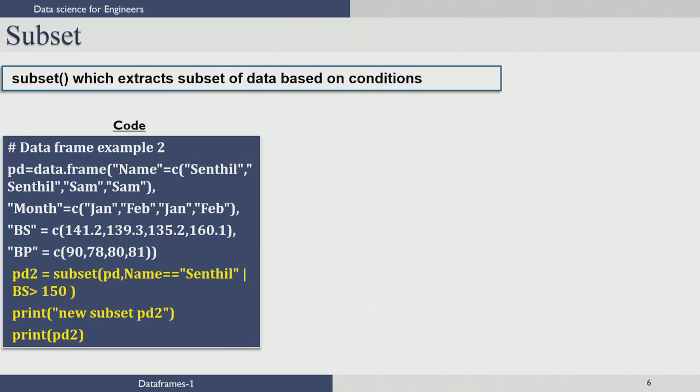You can print the data frame and see how it looks, but in that data frame what I want to extract is a subset where the name has to be Senthil or the blood sugar value has to be greater than 150. Now, I can print the new data frame which is PD2.